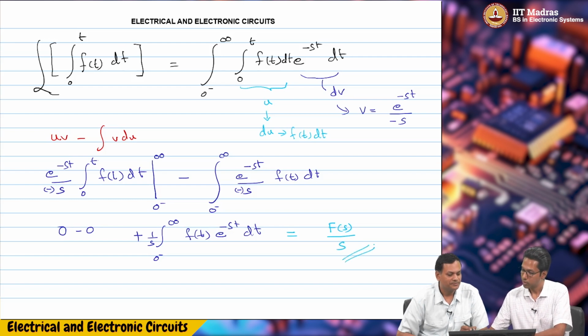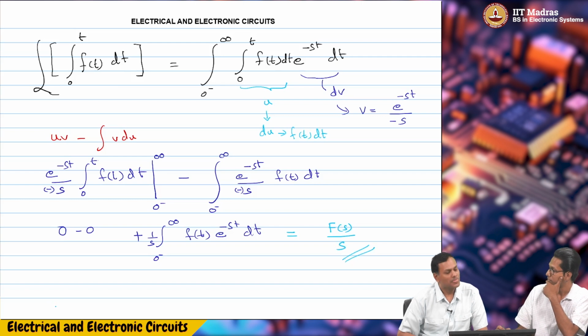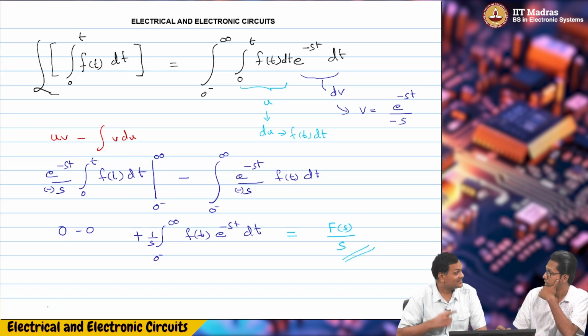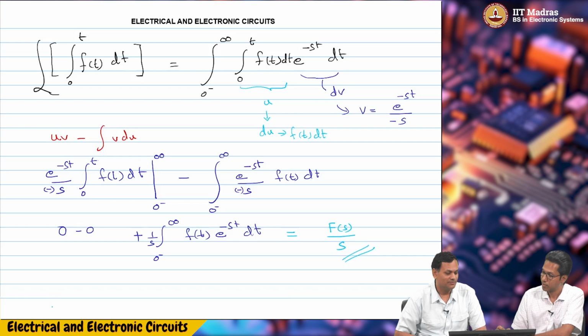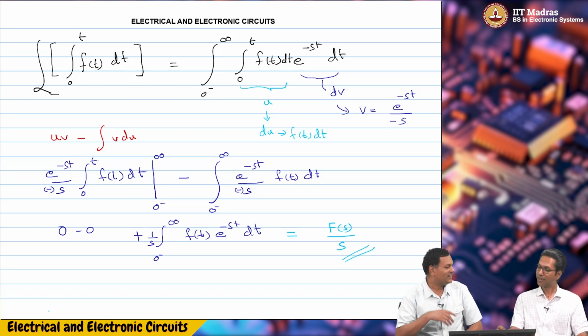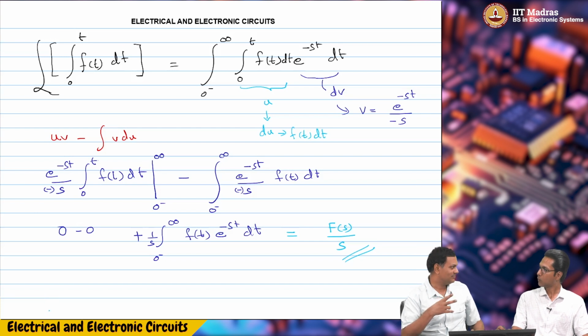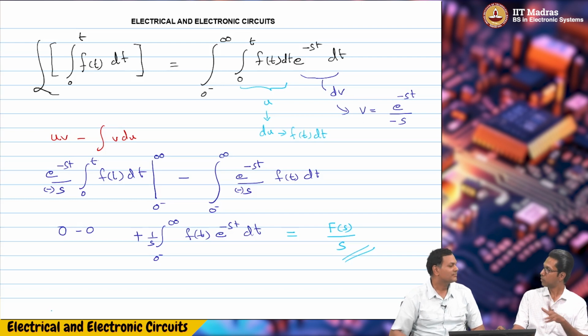Now if you compare with the differentiation, there it was s times F of s. So anytime we are interested in the integral of an f of t, we can use this property: transform it and divide by s.